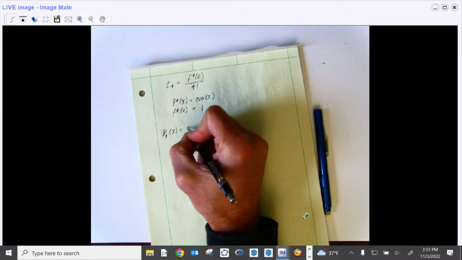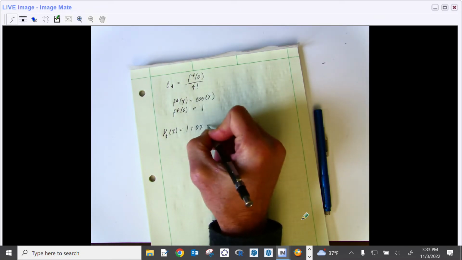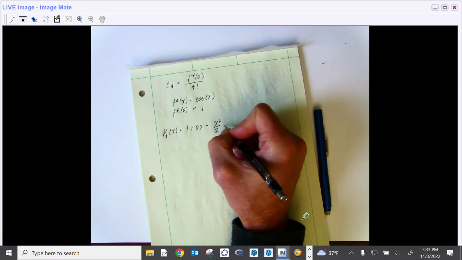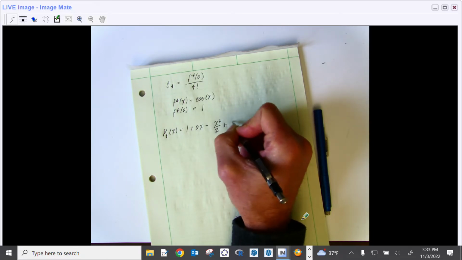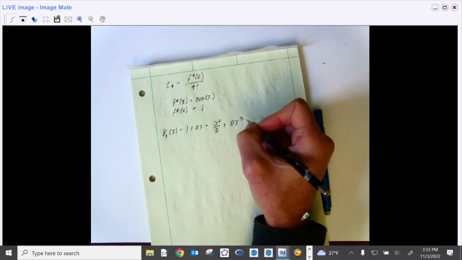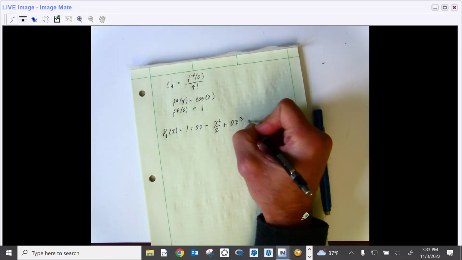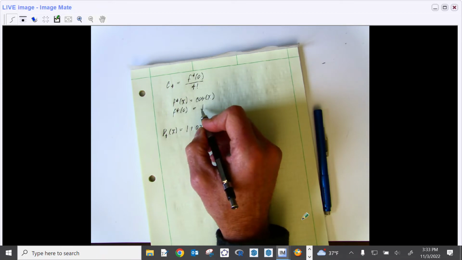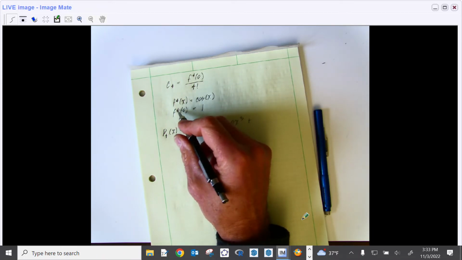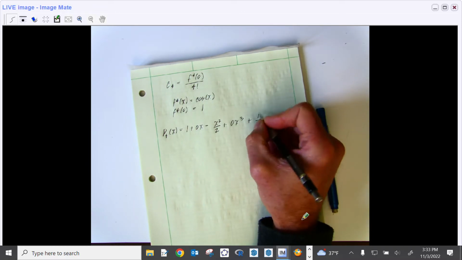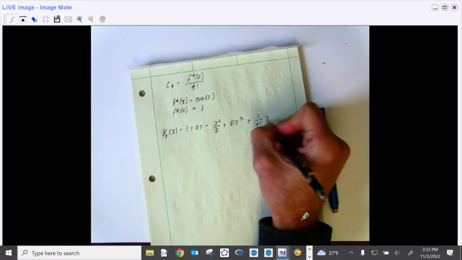So it's going to be this 1 minus x squared. So I guess what would be 1 plus 0x minus x squared over 2 plus 0x to the third, because we found that that was 0 in the last one, and then plus this value, the 4th derivative evaluated at 0, which is just 1 over 4 factorial times x to the 4th.